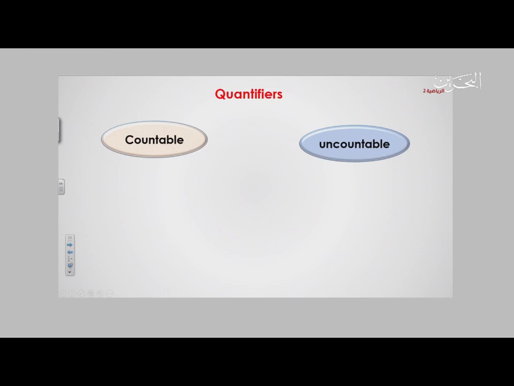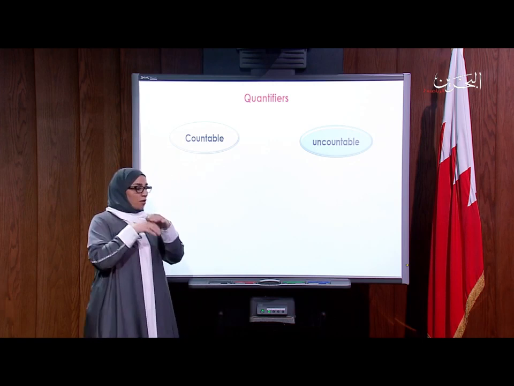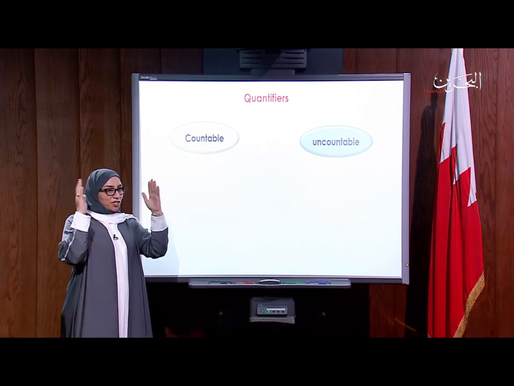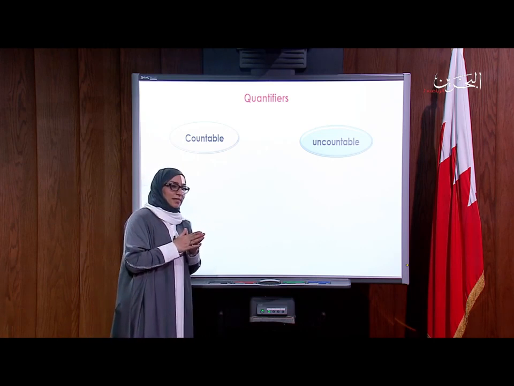Yes, quantifier is something related to when you want to talk about the quantity of a noun, or countable food, or uncountable food, or any noun in general. Quantifier comes from the word quantity, which means the number, how much or how many.